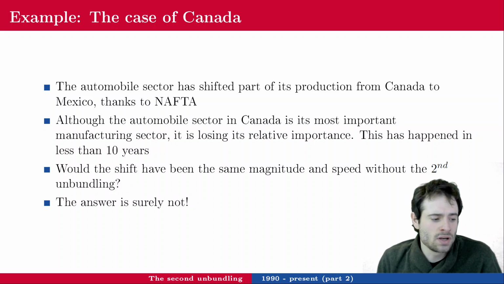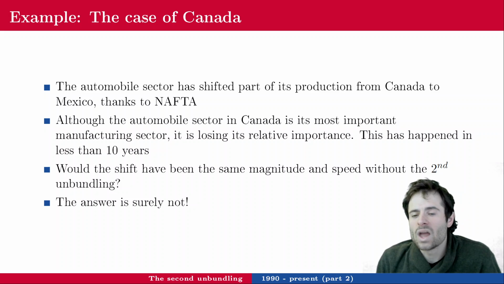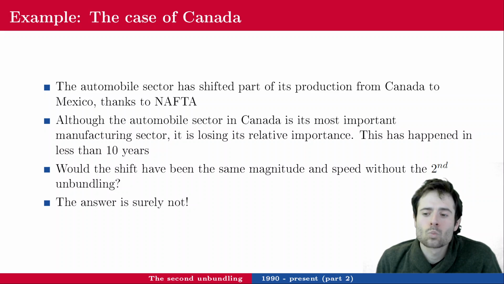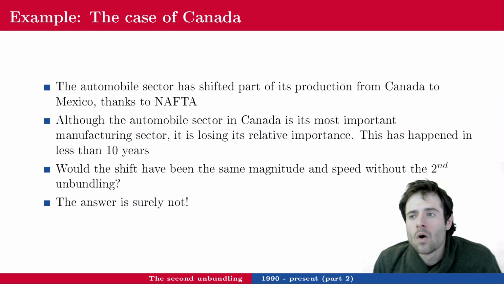Now that communication is made easier and more international, then definitely the Mexican factories could just adapt way faster. And this statistic, this decrease in the automobile sector in Canada, went faster.